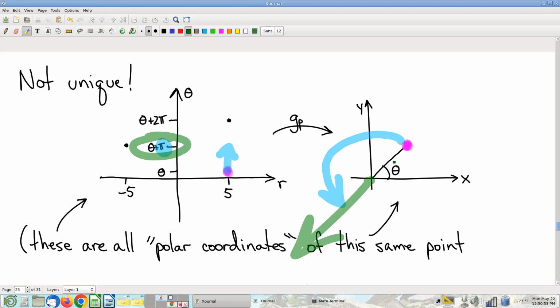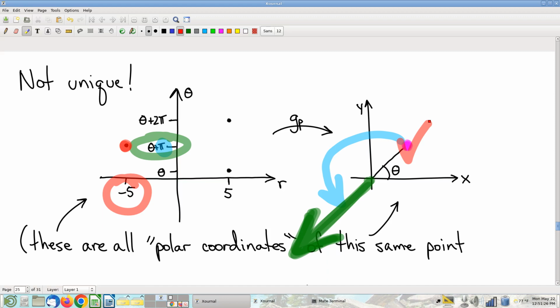And what you got to keep in mind here is that, again, r is allowed to be negative. So obviously, by going this actual direction, interpreted strictly, obviously that's not going to get me to the purple point, right? But if I just say, okay, well, let's let r be negative 5, that says, okay, I'm going to go in that dark green direction, but backwards by distance 5, and sure enough, it gets me to the same point.